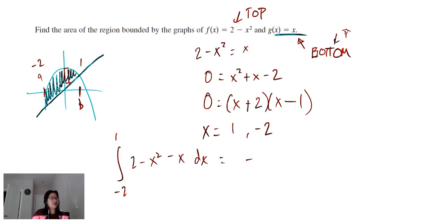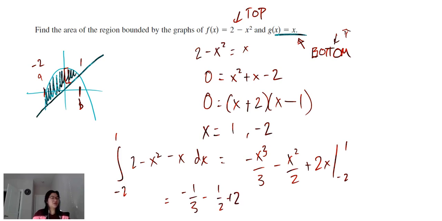Okay, so that's power rule again. Let's see, we got negative x cubed over 3 minus x squared over 2 plus 2x, evaluating from negative 2 to 1. That's negative 1/3 minus 1/2 plus 2 minus parentheses. We got this negative 2 that we're cubing, so this negative 8, but negative that is 8/3 minus 4/2 minus 4.